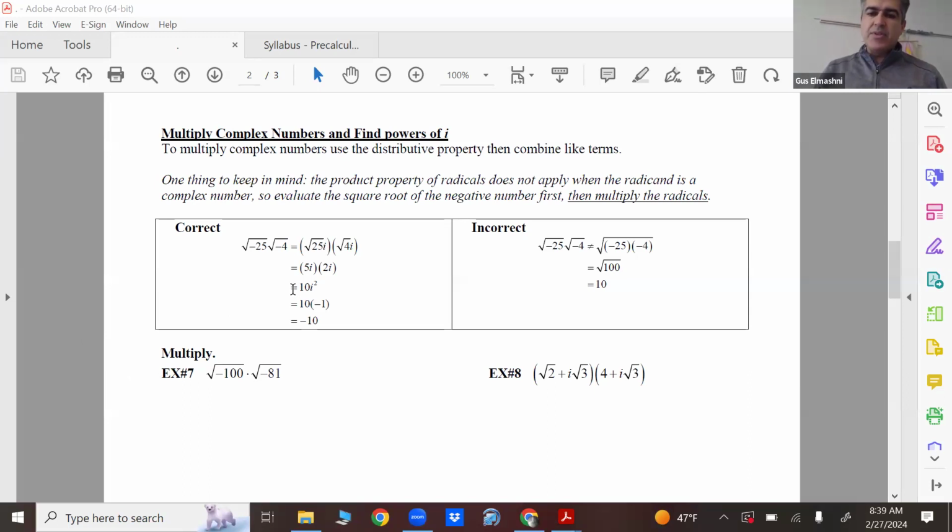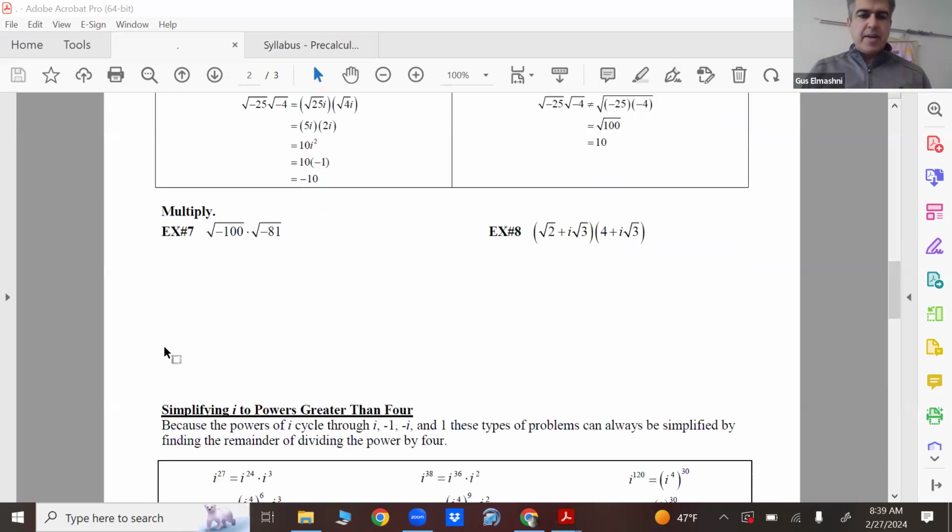Now, it's a little strange, because you could technically multiply them under the radical, but because of PEMDAS, you have to do the radical first before you multiply. You're tempted to combine them, but technically you have to handle the exponent and radical before you multiply. So that's why in this case we don't combine them. We work on them separately and then multiply. So that's something to think about.